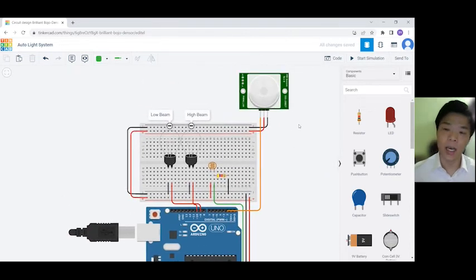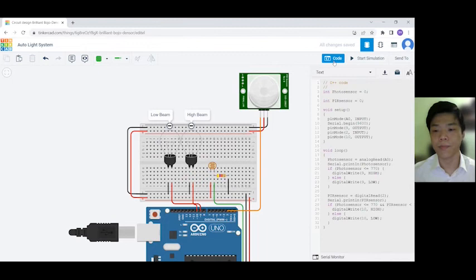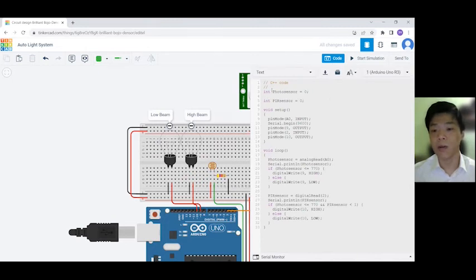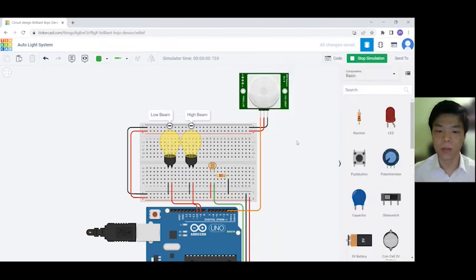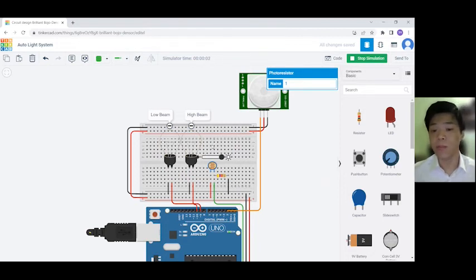Let us see the code of our system. This is our system code. Let us start the simulation. When it is daytime, both of the bulbs will not light up, and when the day turns dark, both of the bulbs will light up.